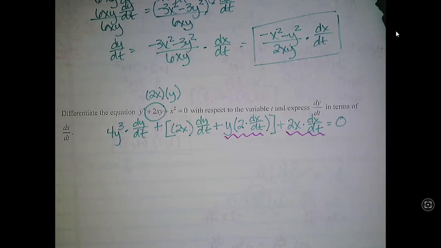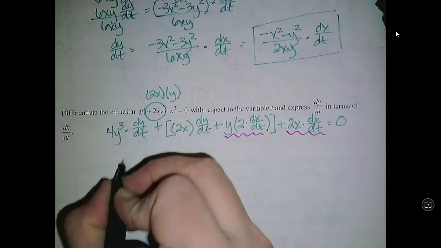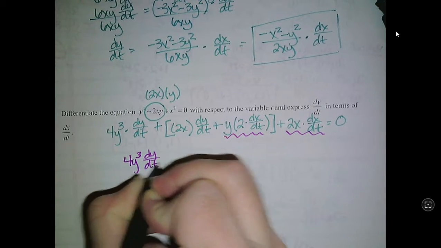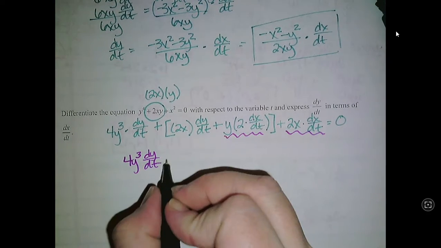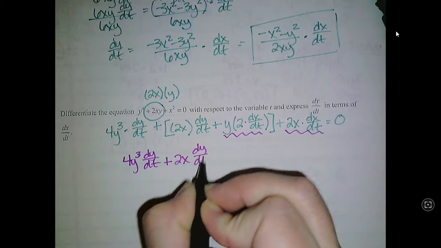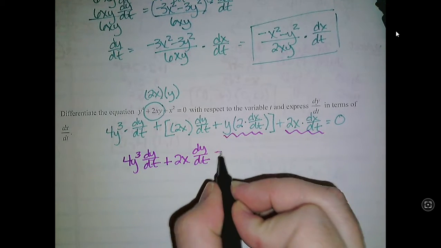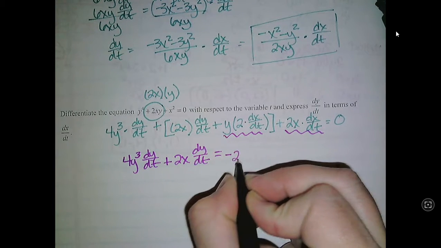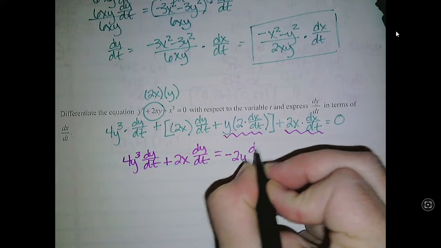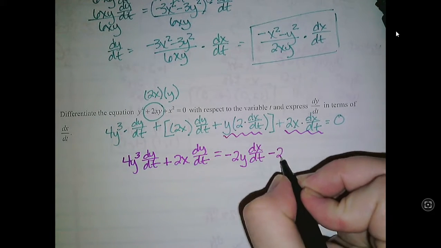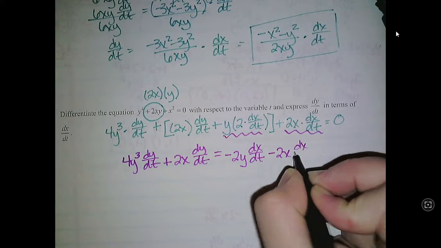So when I do that, my first term here is 4y cubed dy dt, plus 2x dy dt, minus 2 times y times dx dt, and minus 2 times x times dx dt.